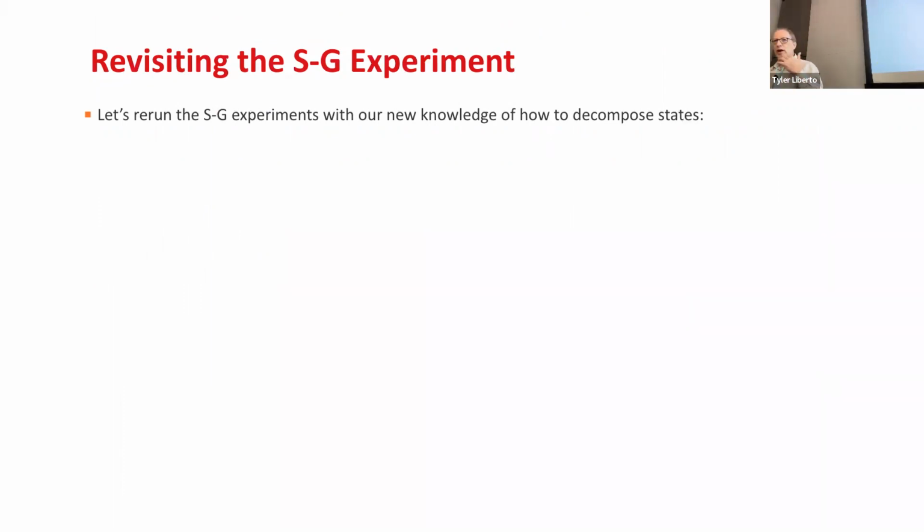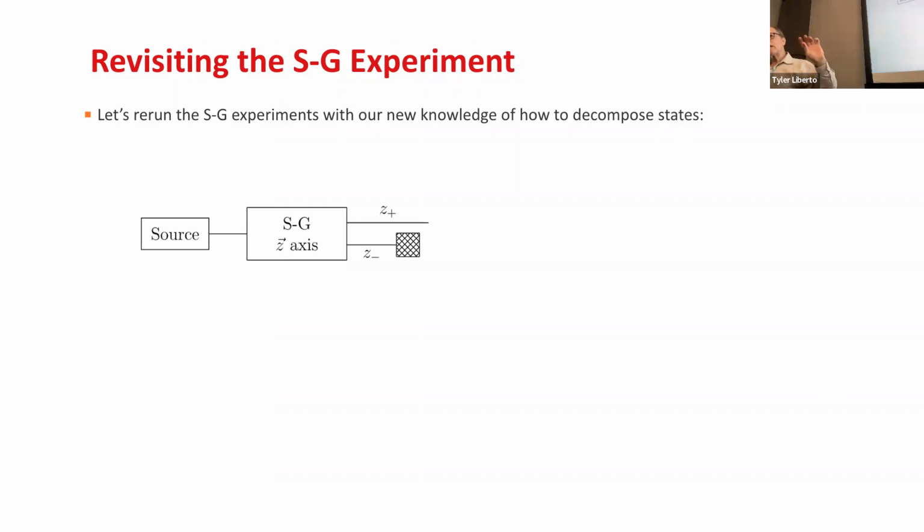So if we rerun the SG experiment and take into consideration this new phenomenon, or this new way to explain these systems by up and down ket, right and left ket, then we can simply put it this way.